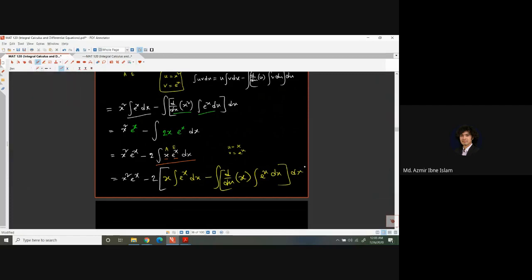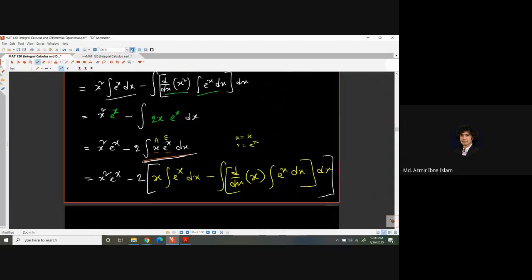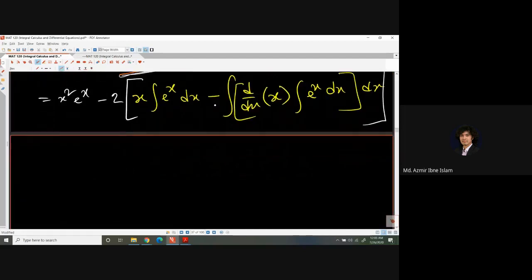and we are using a square bracket just to separate that we are integrating this part only, and before it we have the constant 2. Now let's try to simplify this one. So here we have x squared e to the power x, negative 2. Here we are getting x.